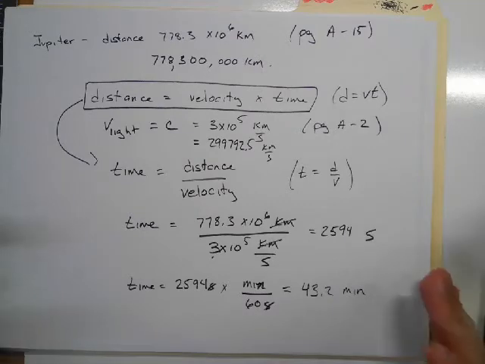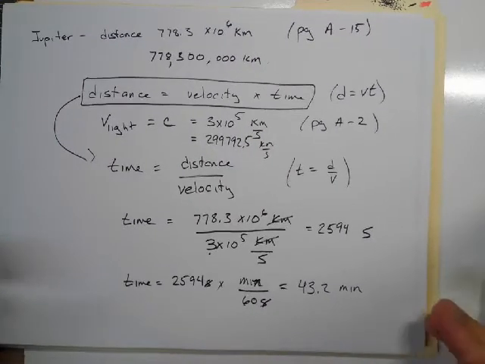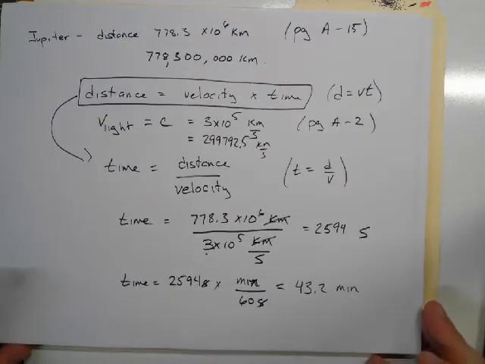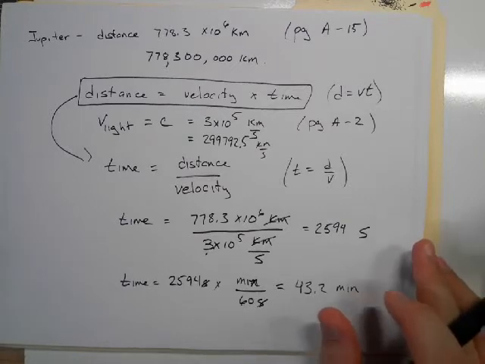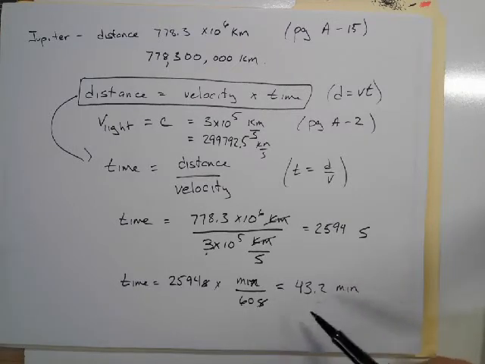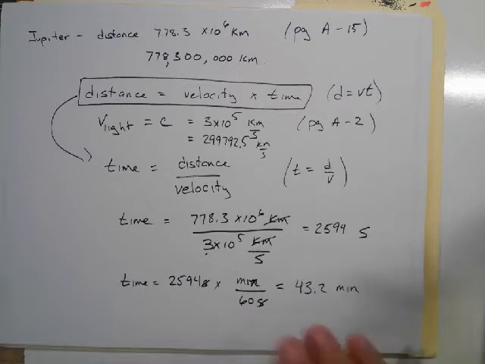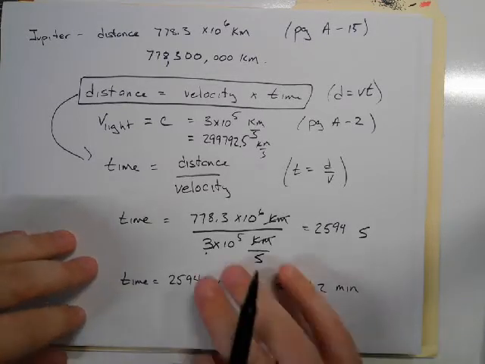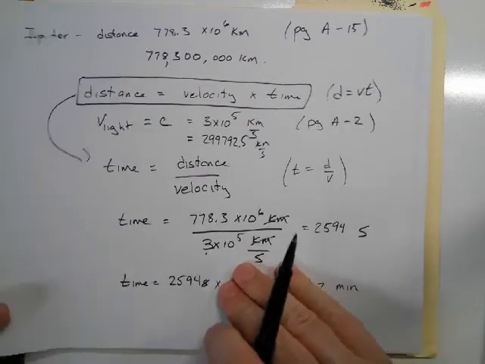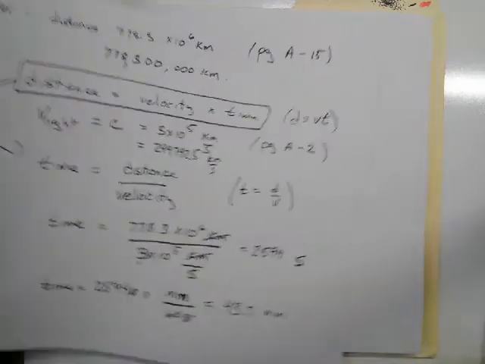To Mars, it's about 1.6 AU, and that's 1.5 times. You can estimate it as 13, 14, 15 minutes. And then Jupiter's 5 AU, so 5 times 8 is about 40 minutes. And so these things make sense. And if you just follow these instructions, it's no big deal. But you have to be careful that you're doing your units correctly.